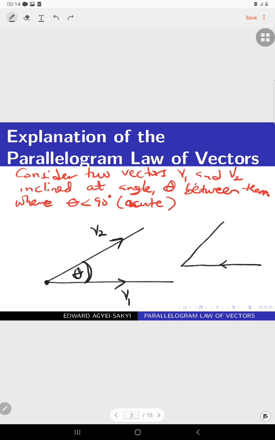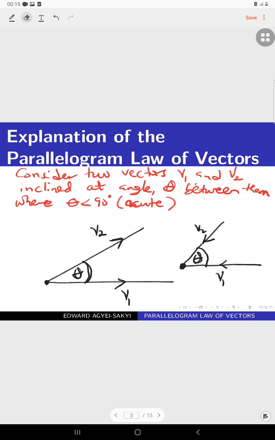They can also point towards. Any of them is acceptable. So you always indicate the angle by letting the vectors point towards the common point or point away from the common point.